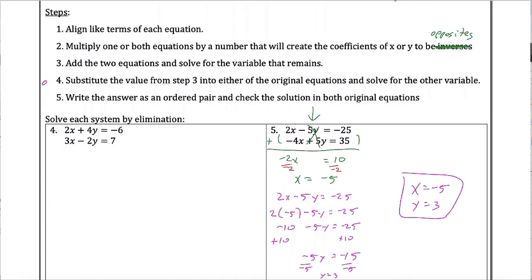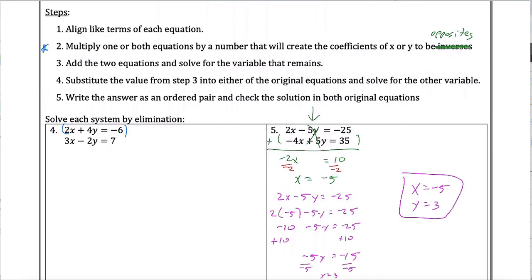The catch to this is sometimes neither your x's nor your y's match up with each other. And so sometimes you have to make them match up yourself. And that's what this step, step number 2, is, that I had skipped over before. Just like when we're making common denominators to add fractions, like we saw in our last unit, the only way we can change the numbers around is by multiplying.